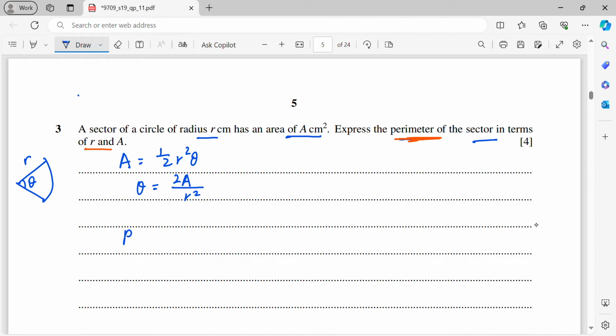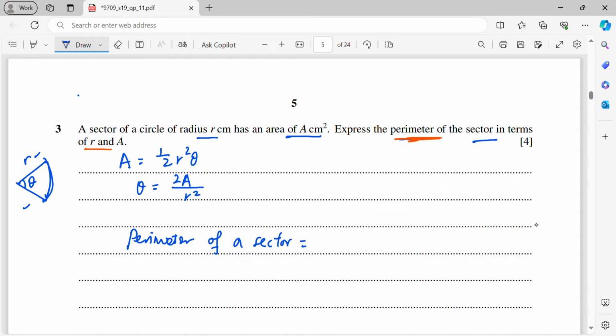So now perimeter of a sector is basically both radius plus this arc length.